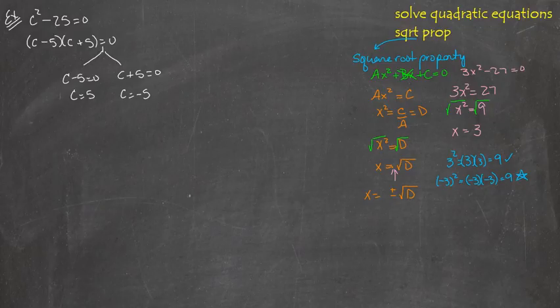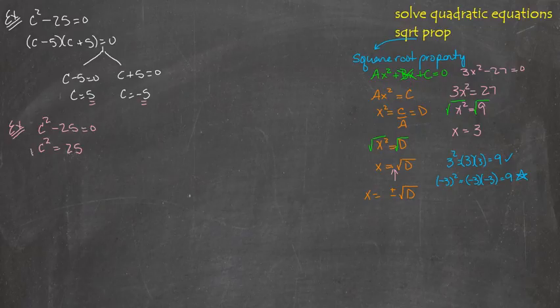So let's look. I'm going to do it in a different color just to make the point. I'm going to write it again. So c squared minus 25 equals 0. We know there are two solutions to this. Let's find them using the square root property. So that would be c squared equals positive 25.